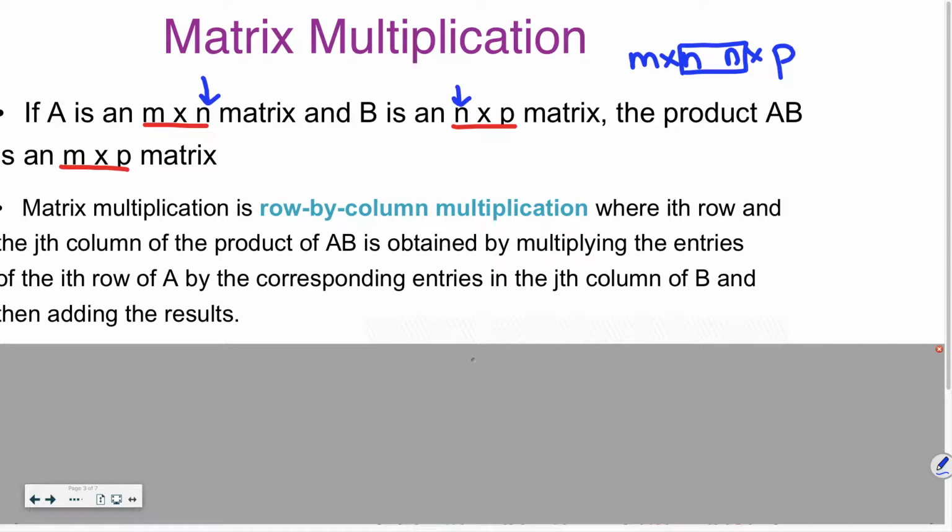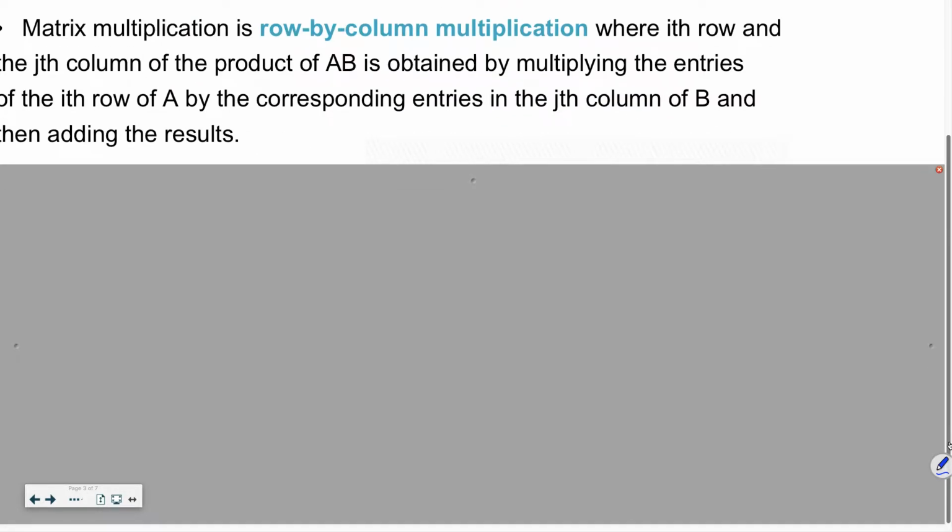Okay, so right now you're like, I just want it in words in case you have to refer back to it. But essentially we're going to take row times column, row times column, row times column. And you're going to have some products when you take row times column, and all those products need to be added together. Okay?